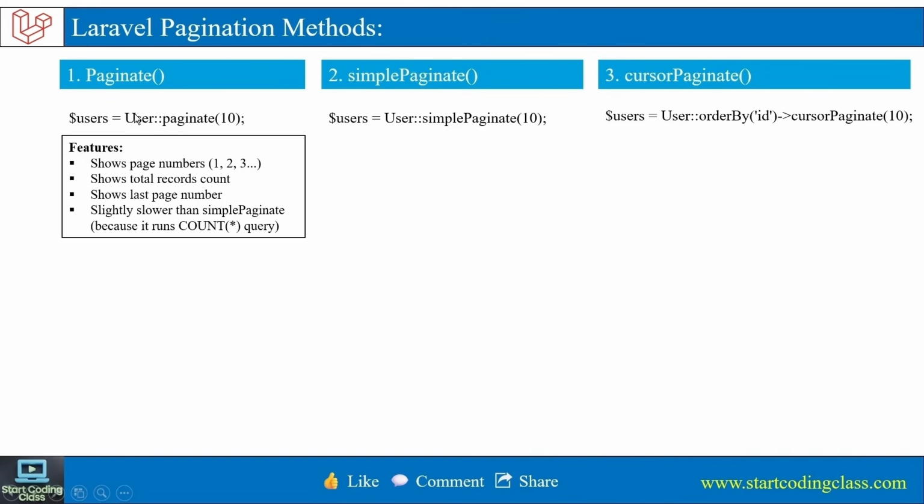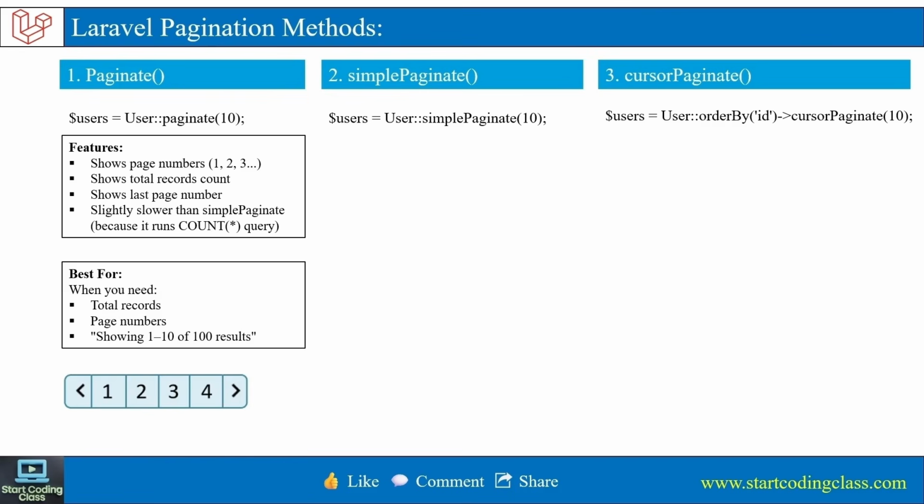Everything you need you get in this paginate method. Most websites use paginate because it gives you all the information regarding pagination: previous, next, page number, and you can create a structure like this.